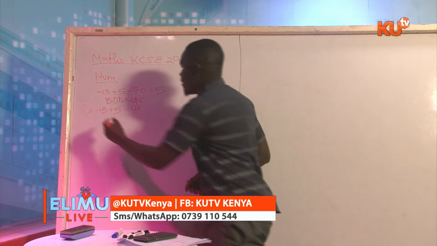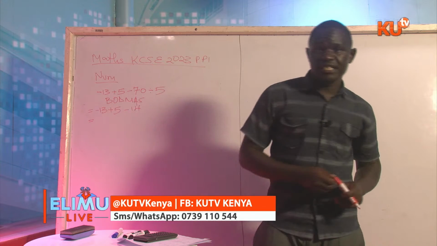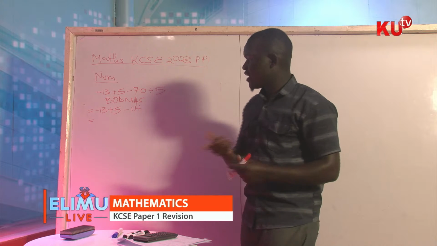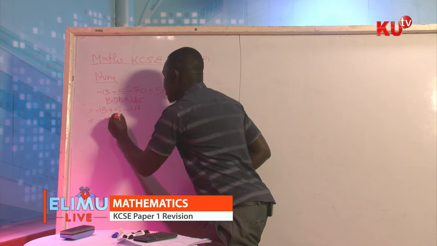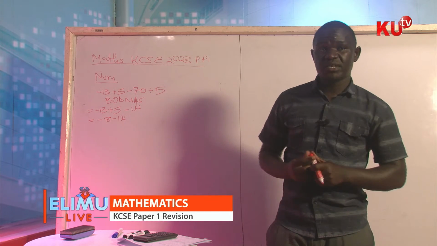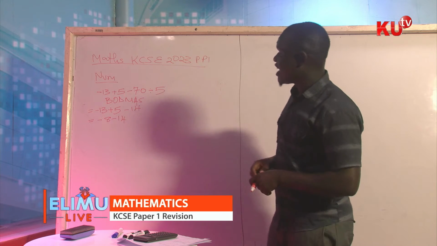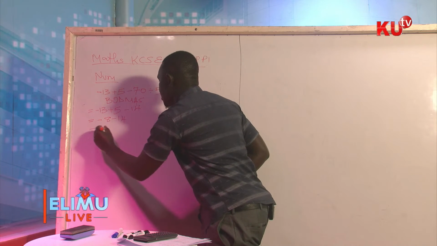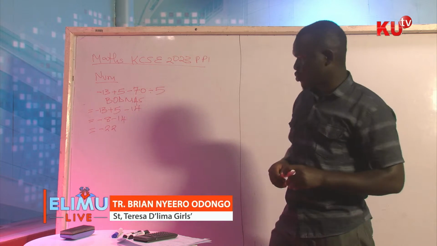The next step, negative 13 plus 5 becomes negative 8. So this will be negative 8 minus 14. What are you getting, dear students? Yes, the answer should be negative 22. So for our numerator part, we are getting the answer as negative 22.